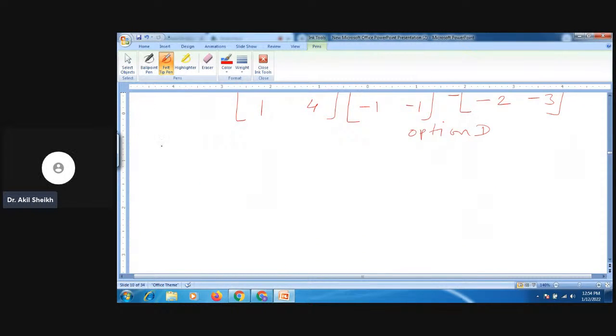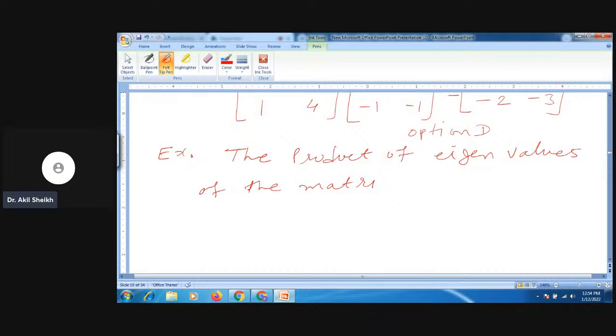Next example. The product of eigenvalues of the matrix capital P is, what is P?